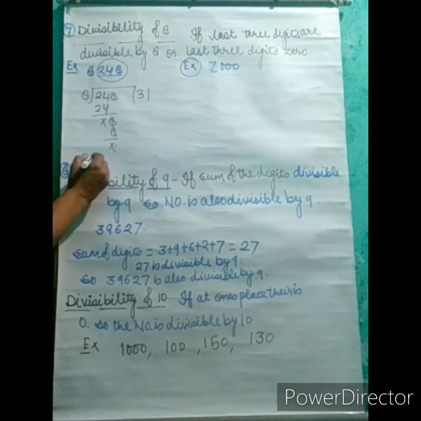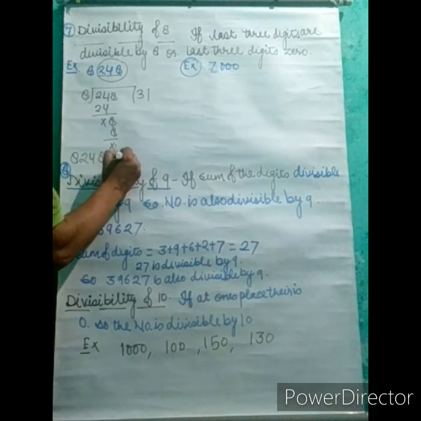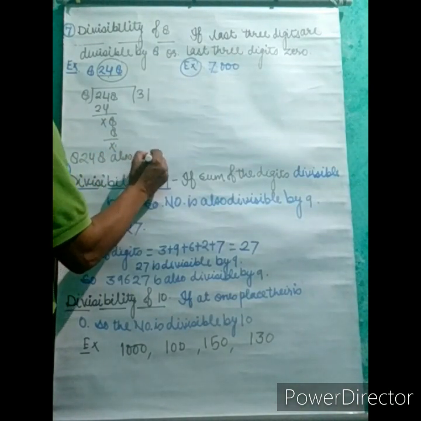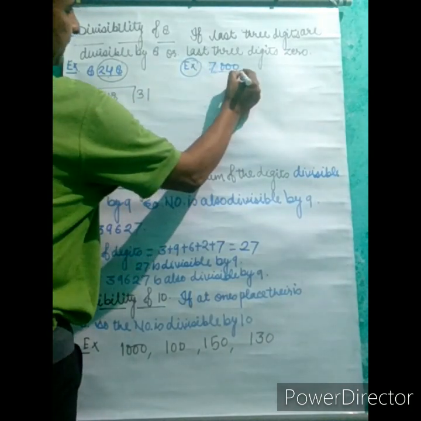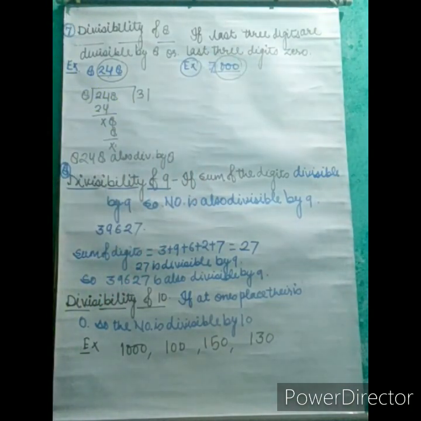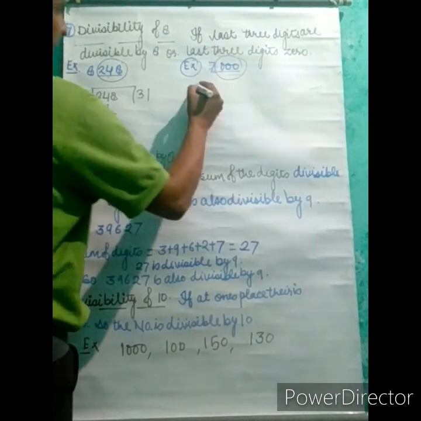It means 28248 is also divisible by 8. Next, if the last three digits are 0, then also the number is divisible by 8.